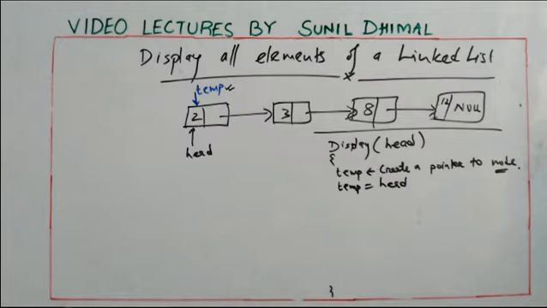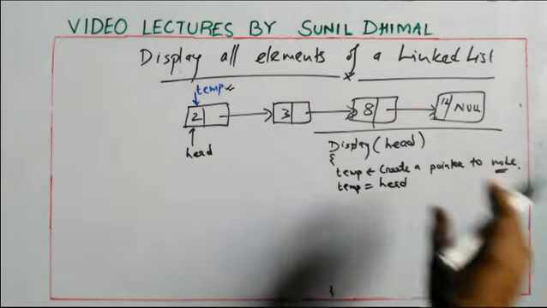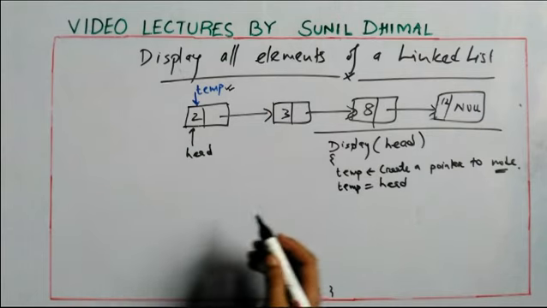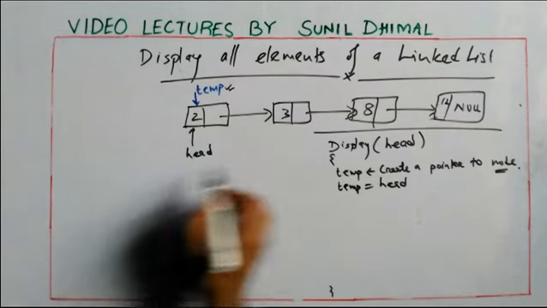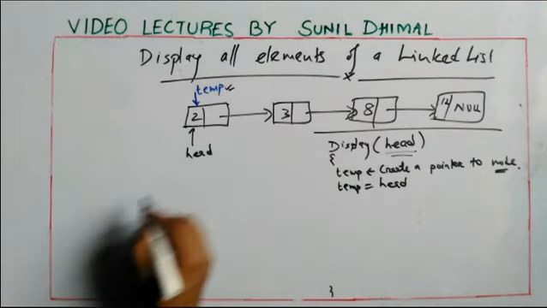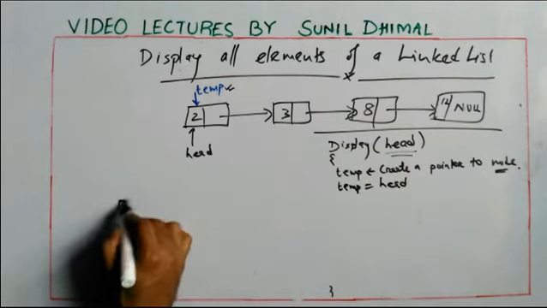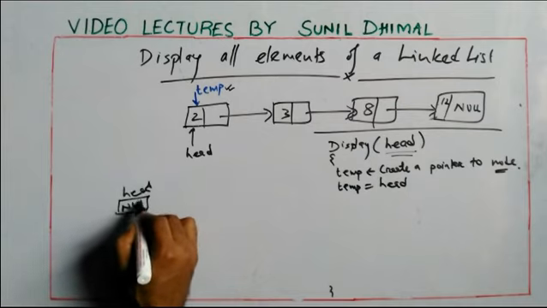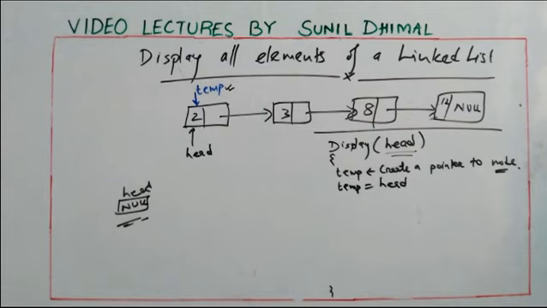Now this is the list wherein you have 4 elements. What if your list is empty? If your list is empty, we know that head would be null. So if the list is empty, you just have head, having null. You have to take care of this condition as well.